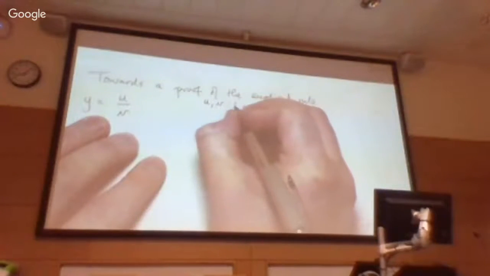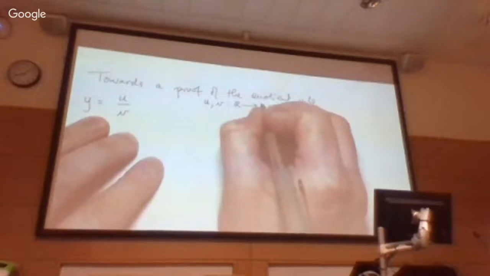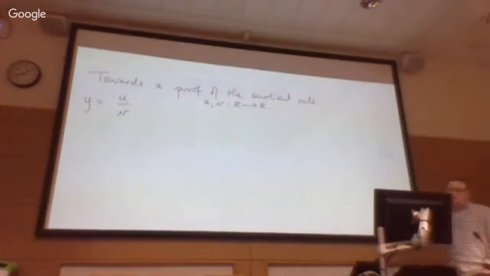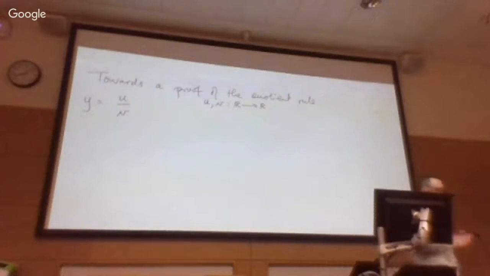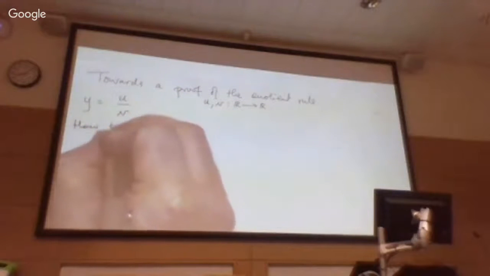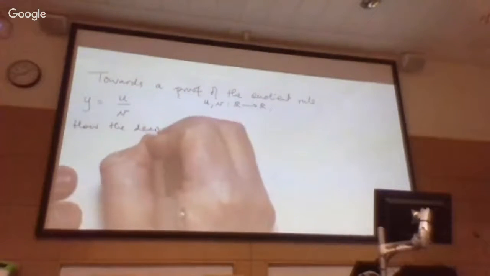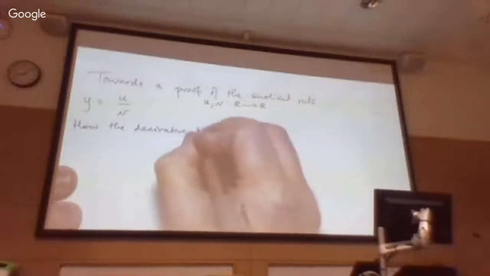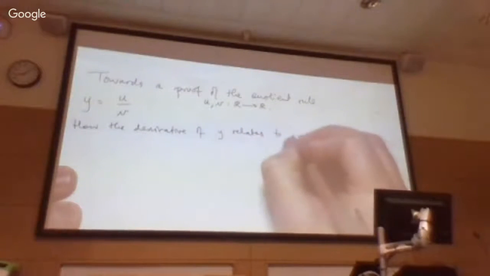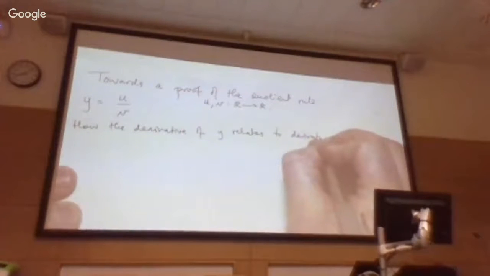U and v, say, are functions from the real numbers to the real numbers, or some subset of the real numbers to the real numbers. These are two real-valued functions, and we form a new function y, which is the quotient of those two. And we want to know how the derivative of y relates to the derivatives of u and v.